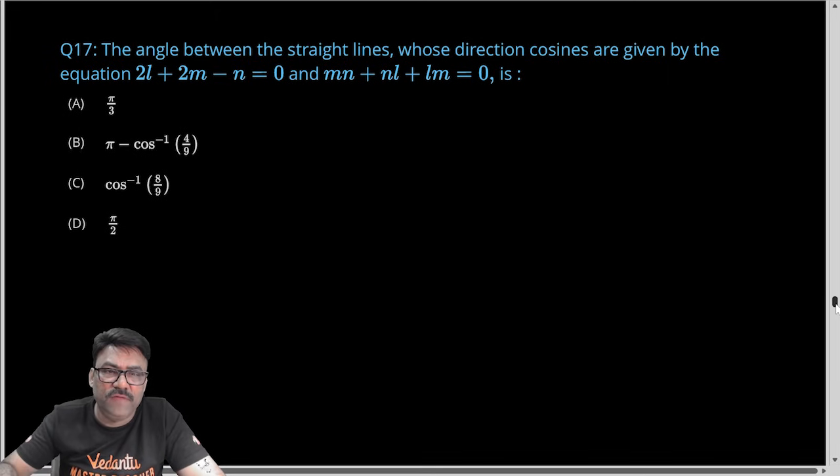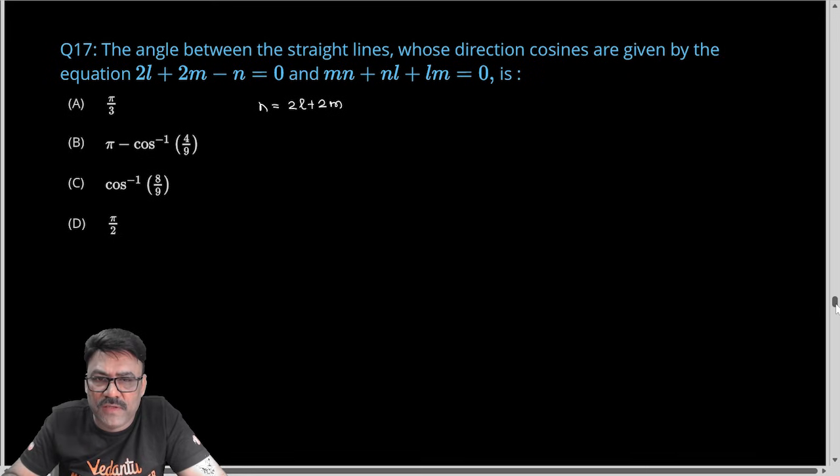I can see that from the first equation I can write n is equal to 2l plus 2m. And if I put the value of n in the second equation, I am getting m times n, n is 2l plus 2m, then (2l plus 2m) into l plus lm equals 0.